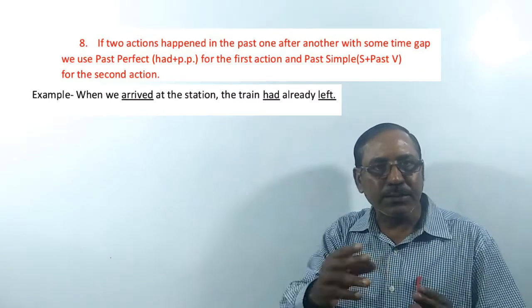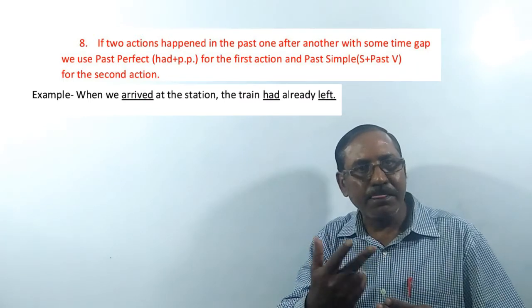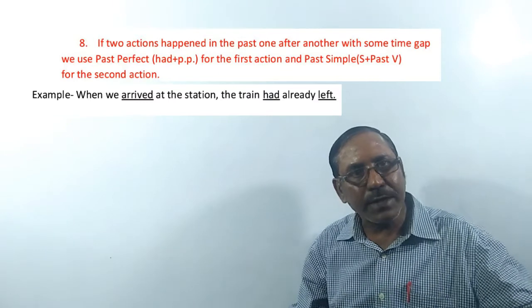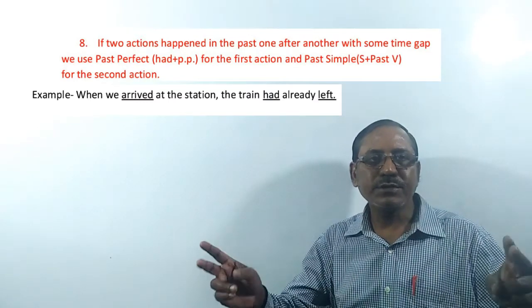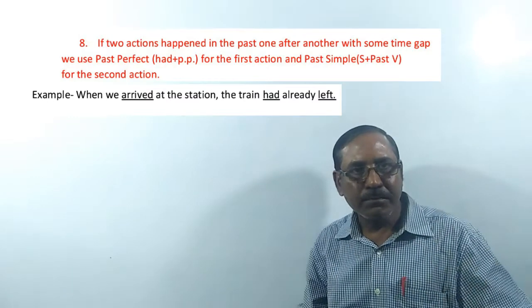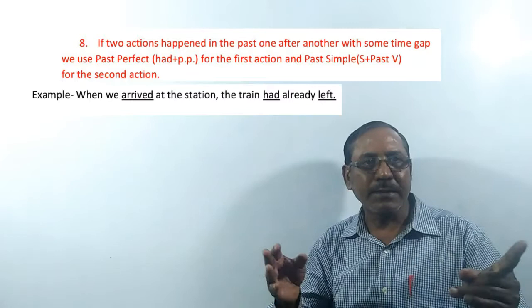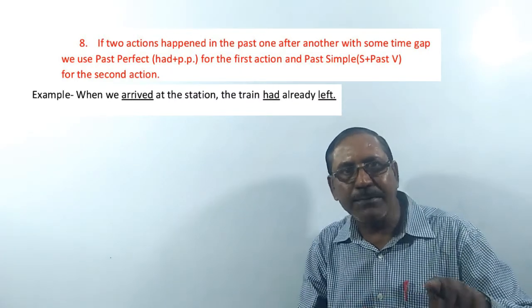When two actions happened with some time gap, not at the same time. The example I gave: when the teacher entered the class, we stood up. Here you see there is no time gap. Teacher arrived, we stood up at the same time. Although the teacher came fast, there is no time gap.